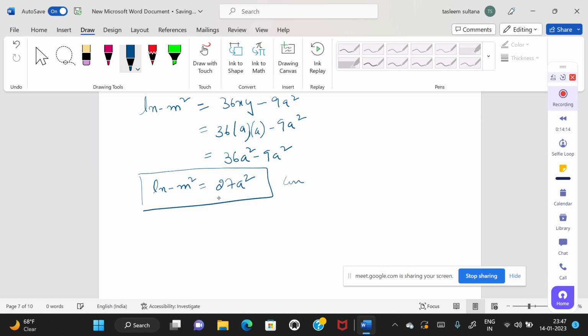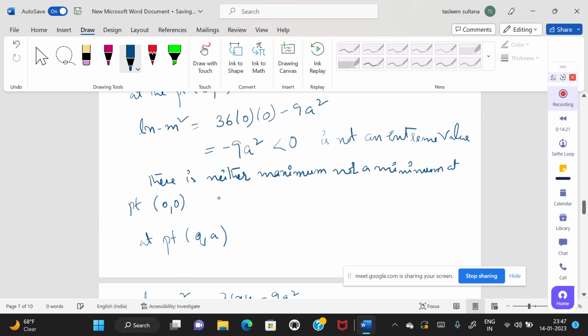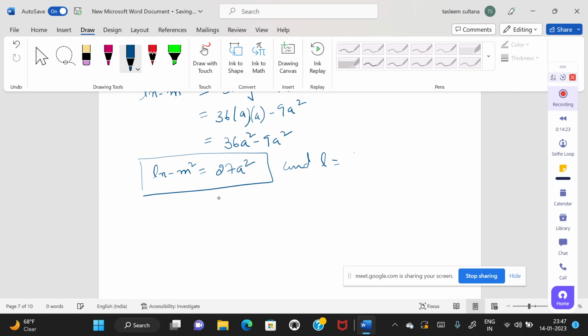And what about your l? We also have to check what our l value is. First of all, l is equal to 6x. 6 into a is equal to 6a. We are substituting that value, and we got 6a, which is greater than 0.